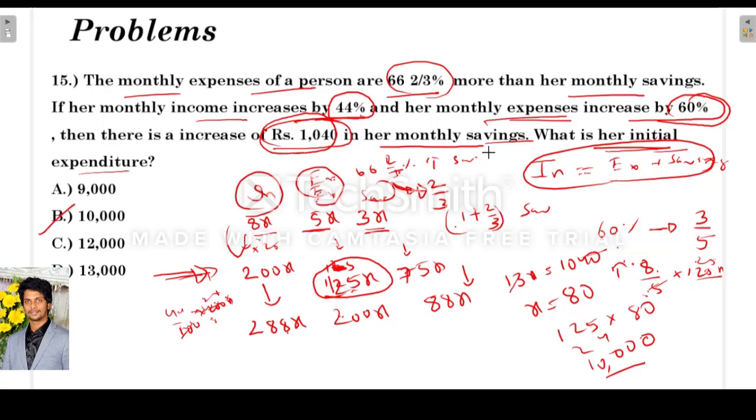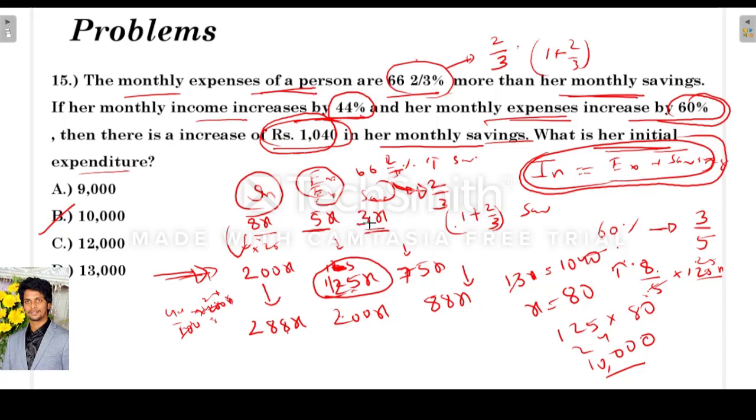So I will explain again. See, the basic concept in this is income is equal to expenditure plus saving. Right now they are telling the expenses of a person, means expenditure is 66 2/3% more than savings. 66 2/3% means the fraction is 2/3. 2/3 more means 1 plus 2/3 will be the factor.